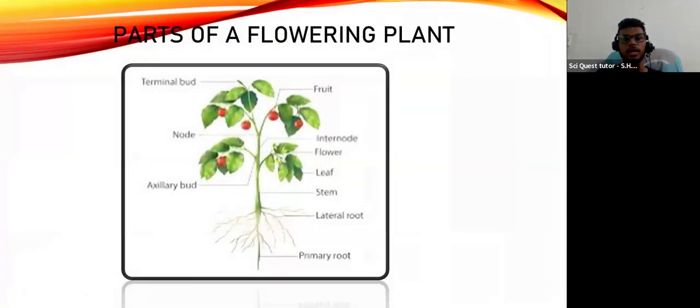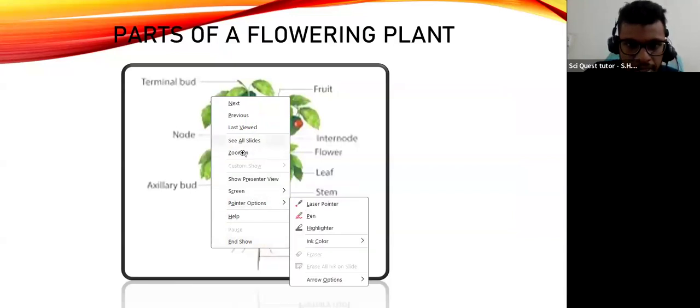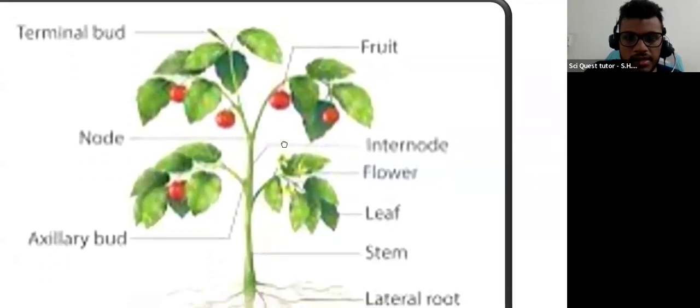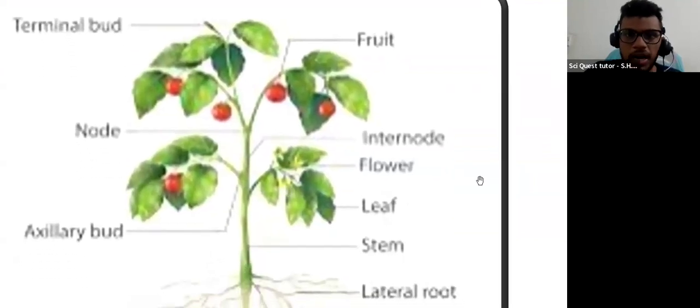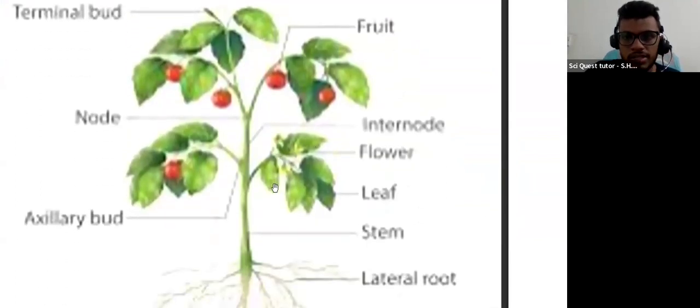Right. What is this? Parts of a flowering plant. I'll zoom it for you all. We studied last week the parts, especially the root system and the shoot system.